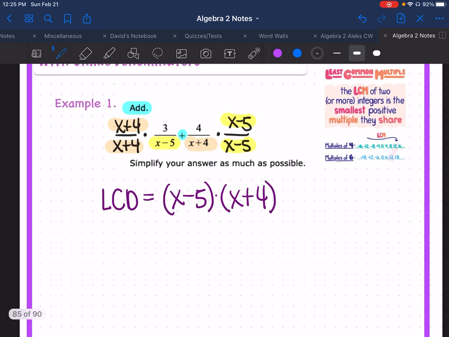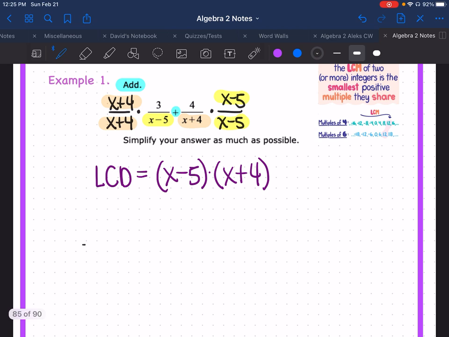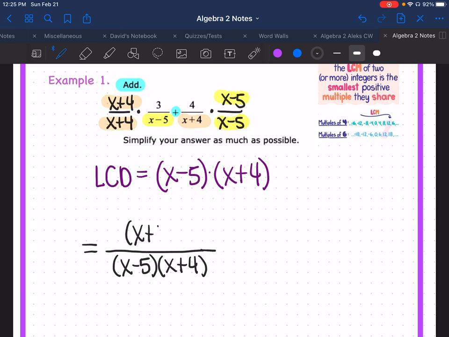So there's a lot of different ways that you can help yourself to remember what to multiply by. Now here is my denominator, my LCD, my common denominator. There it is. And on the top, I'm going to do x plus 4 times 3. So I'm going to have to distribute that 3.